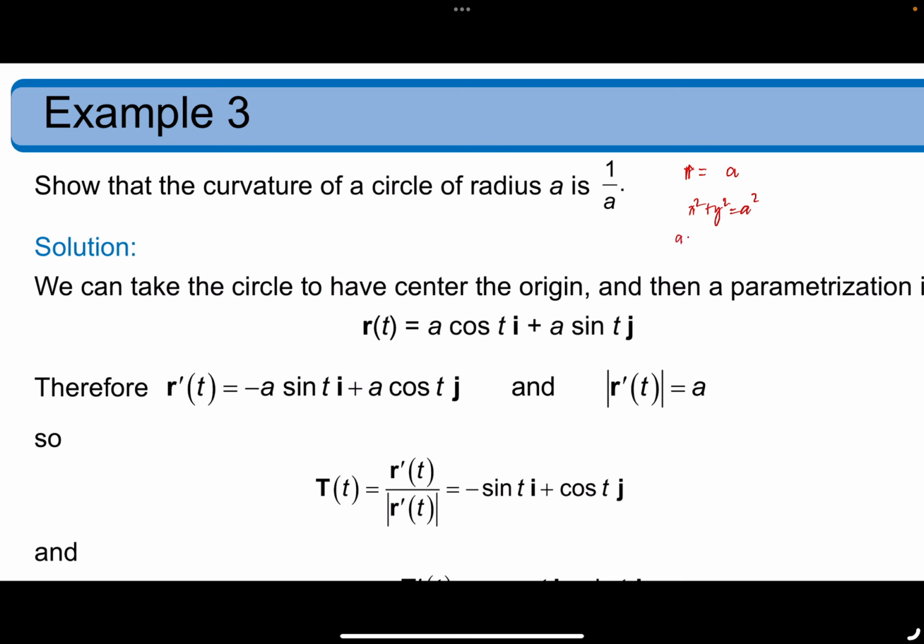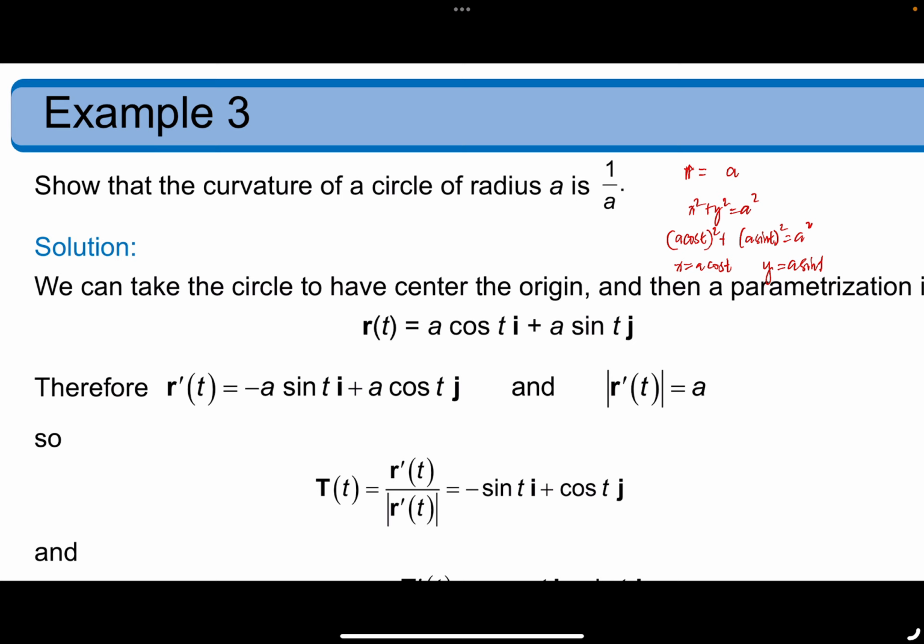So we can have a cosine t squared plus a sine t squared equal to a squared. So x is a cosine t and y is a sine t.